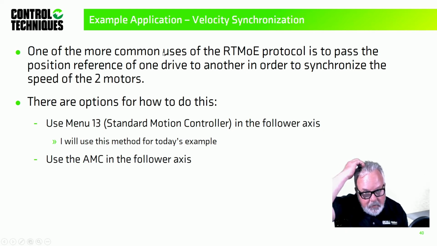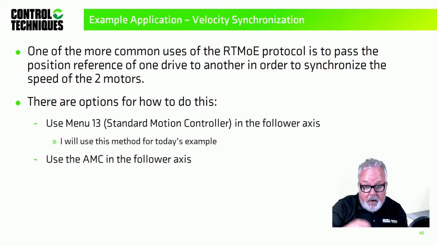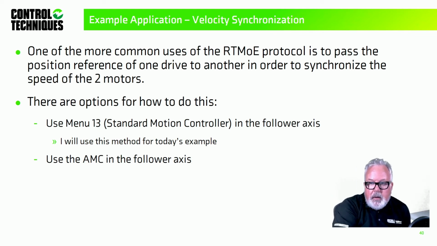One of the more common uses of this is to pass the position reference of one drive to another in order to synchronize the speed of the 2 motors. If you've ever done a master-follower type of application before, using traditional means, you would have a master encoder somewhere, and then you'd wire the encoder pulses out of that encoder in a daisy chain fashion to all of the followers who are going to be following that speed reference.